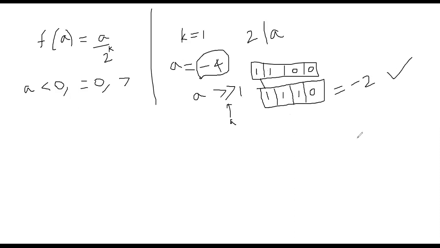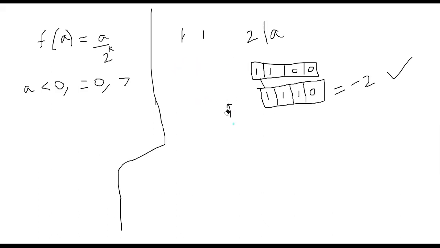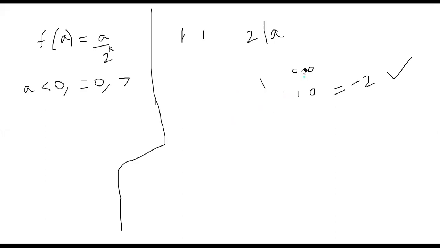This works. However, let's consider this scenario. Let me clear this so we get some space. What if our a is say number 3, and we have to analyze how the right shift works for us, or will it work for us? So I'm going to do this now with the scenario of a equal to -3.